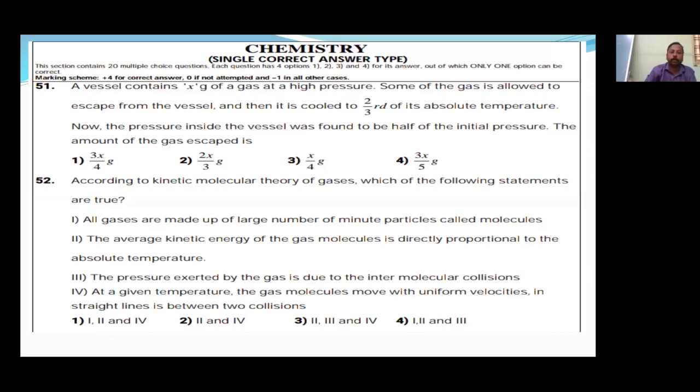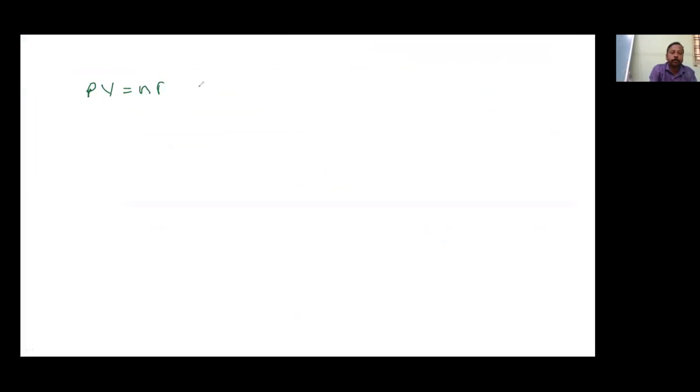Now let's see the complete explanation on the whiteboard. If you can try it on your own, then it is very good. So PV is equal to nRT. Some gas is escaping, so moles are not fixed here. The only thing we can say is that volume is fixed.